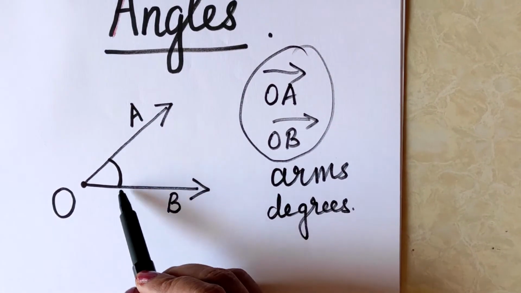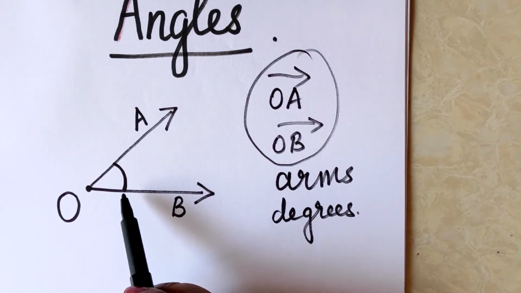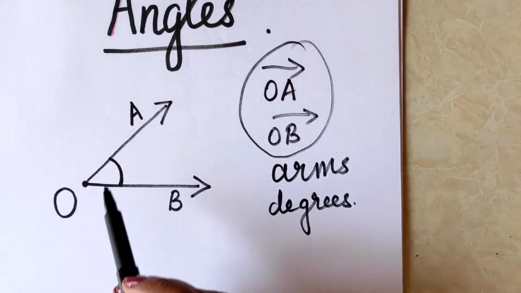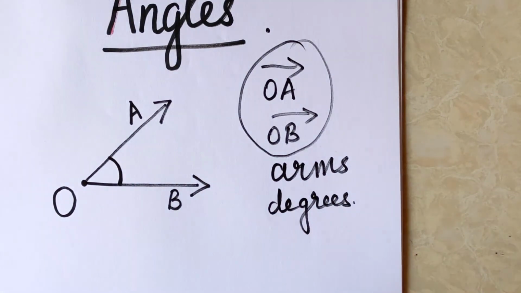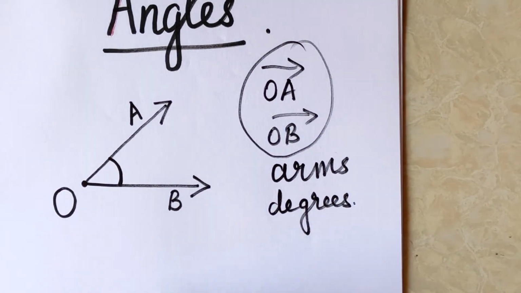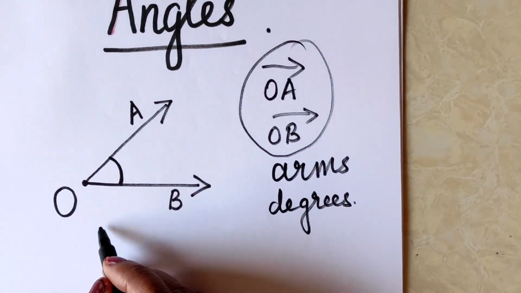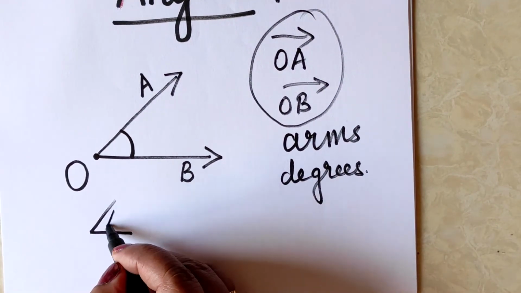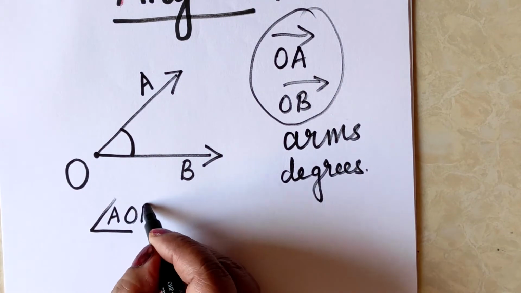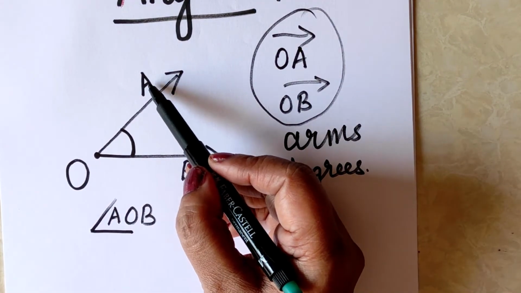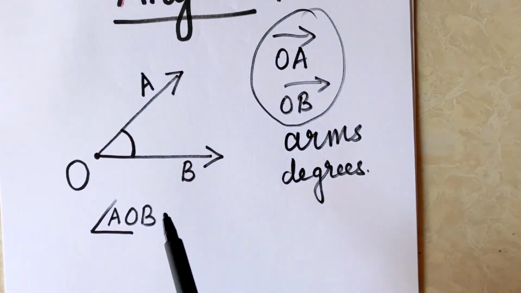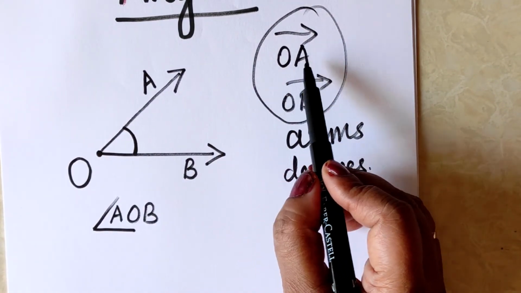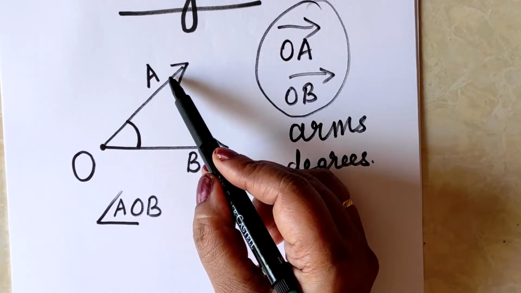Now, between the two arms, angles are formed. And how do we read the angle? That is most important. How to read the name of this angle from this picture? This is the symbol of the angle. We have to write angle AOB, starting from here. For reading a ray or arm, we read OA.